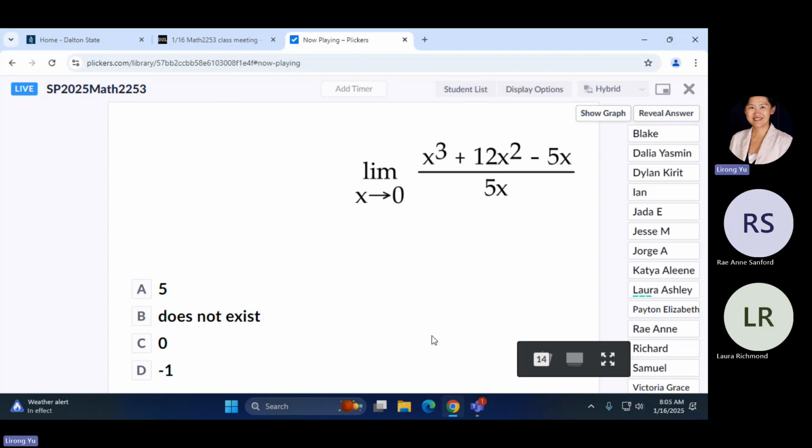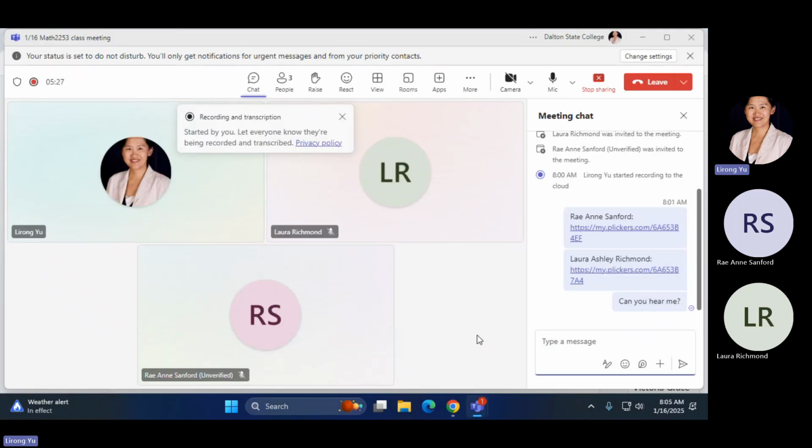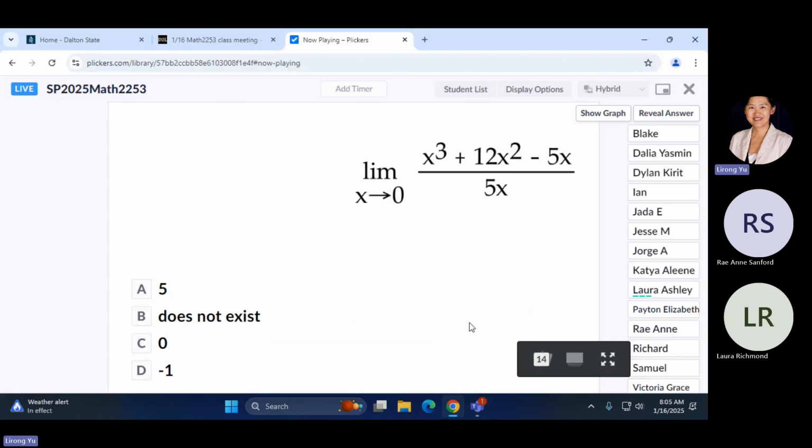Ray, I don't see your link live. Are you having problem logging in? You can copy the link I posted. Are you not able to see the link? Because if you don't click on the link, your link is not alive. You can see Laura is online on the paper page, but your name is not online.